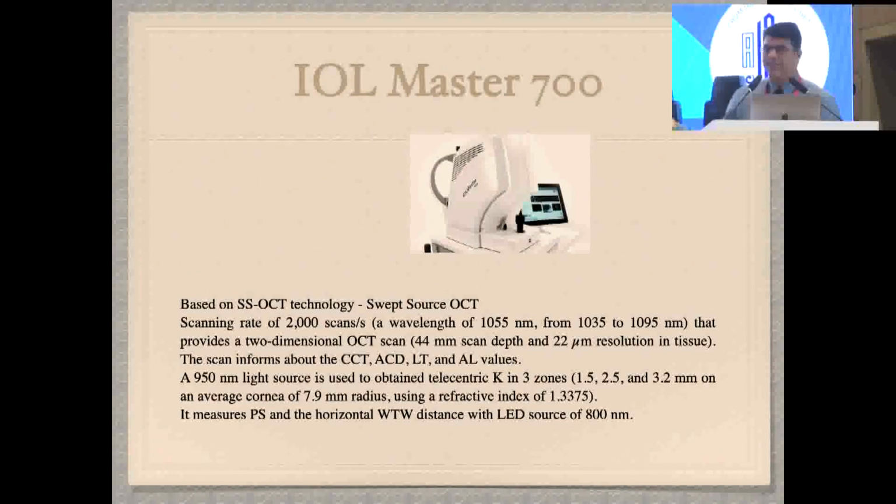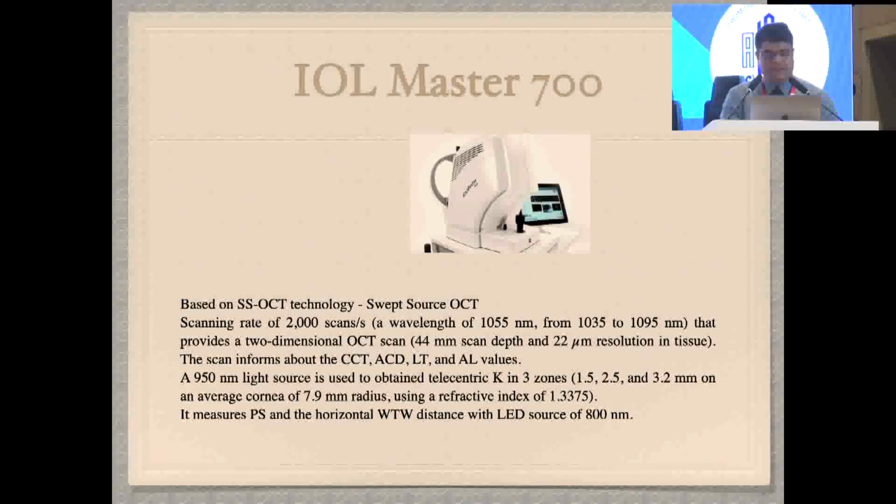Then came the instruments which are now based on swept source OCT. The advantage, as I said, is that they can penetrate better through denser cataracts, and they also measure the posterior cornea, so that gives total keratometry, as Dr. Twinkle also mentioned. IOLMaster 700 is based on swept source OCT and has a scanning rate of 2000 scans per second.